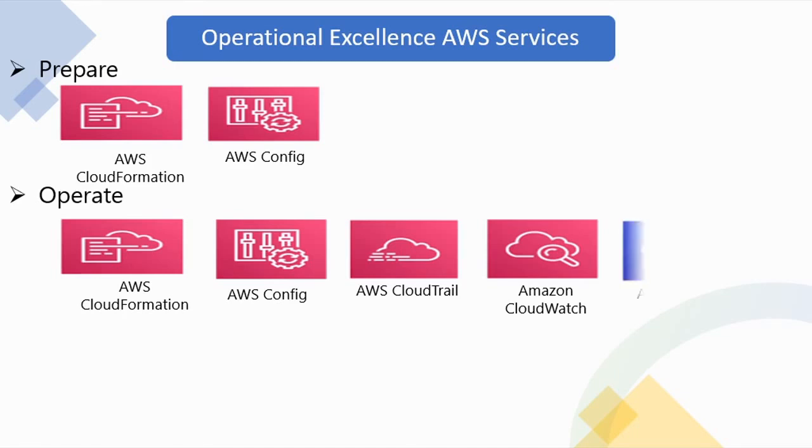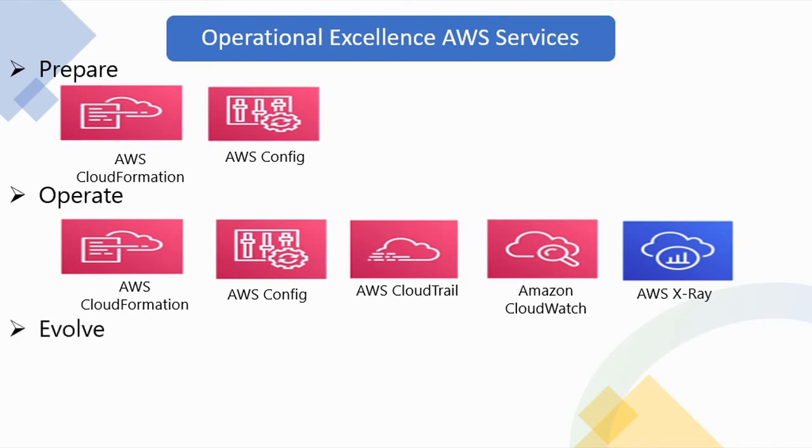And finally, X-Ray. We have not covered X-Ray in depth in this course, but X-Ray is a service used to trace API calls and HTTP requests and to make sure that they're working correctly. And if they're not working correctly, then X-Ray can point us to where the incorrect stuff is happening.